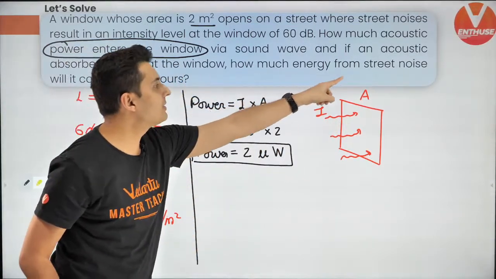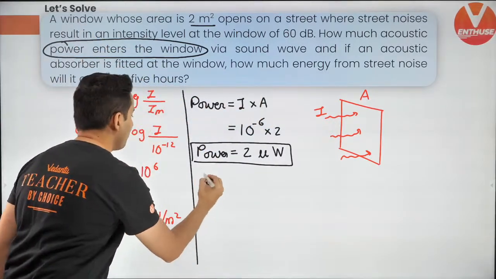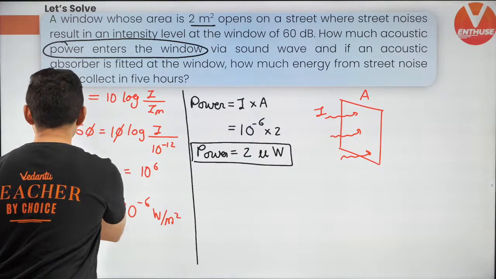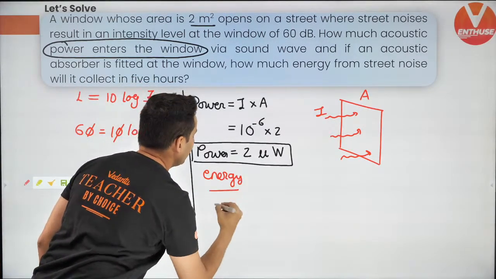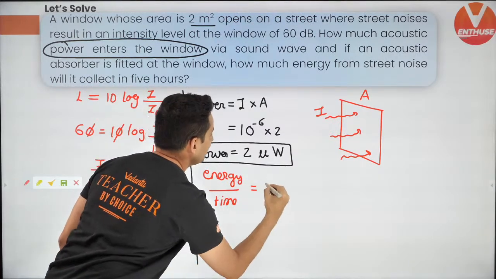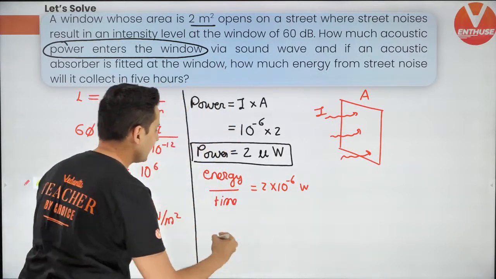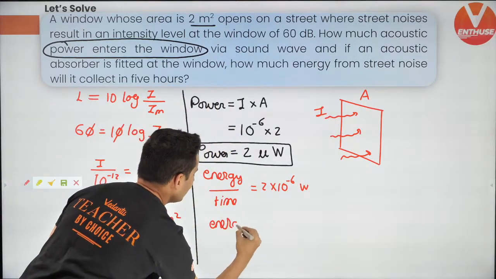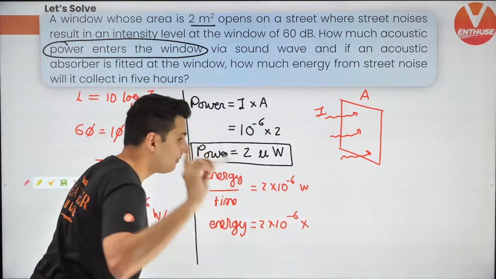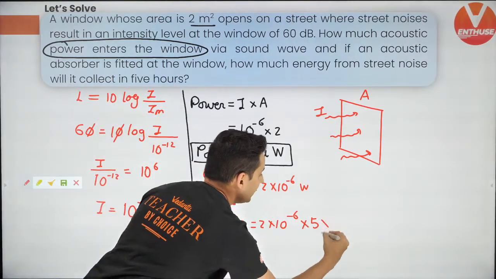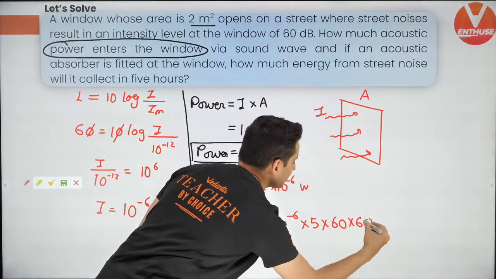And how much energy will be collected in 5 hours? Remember, power is energy by time, and it is 2 into 10 to the power minus 6 watts, correct? So the energy collected will be 2 into 10 to the power minus 6 into 5 hours. Each hour is 60 minutes and each minute is 60 seconds.